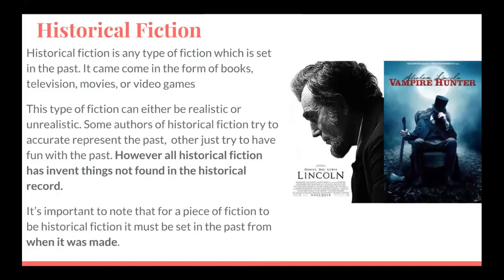Oh, by the way, one important distinction with historical fiction, what makes it historical fiction is that it's set in the past from when it was made. So right now, if I write a novel about the Civil War, it's going to be historical fiction because the Civil War to me is in the past.